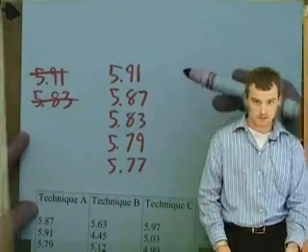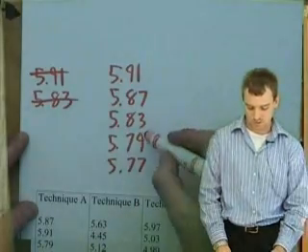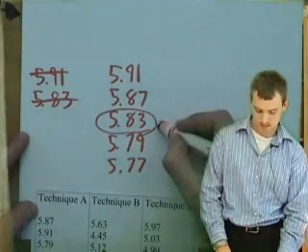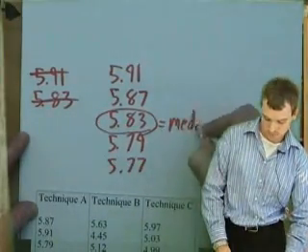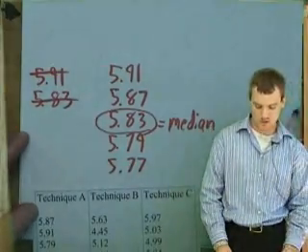We're going to look at this list and find which one is right in the middle. This is 5.83, and this is going to be our median.